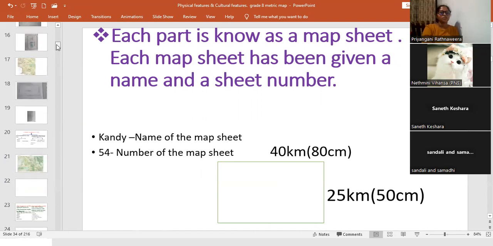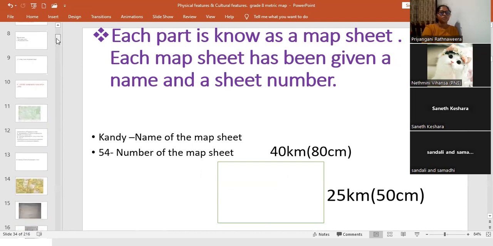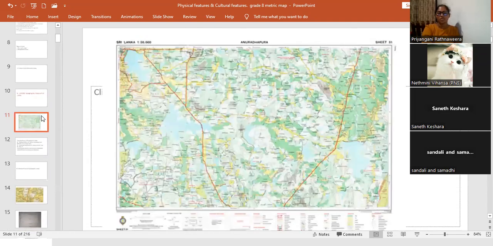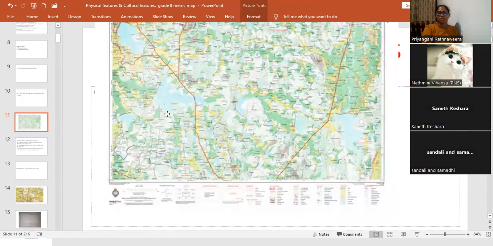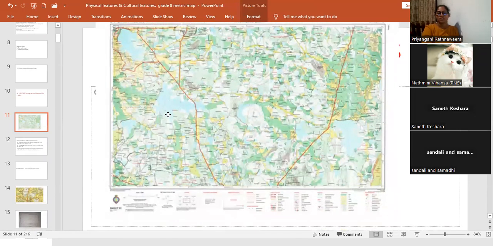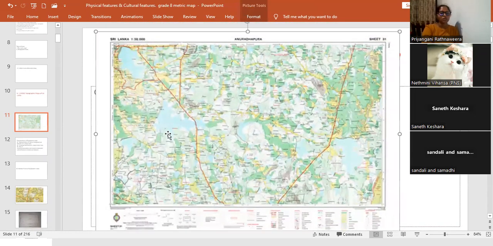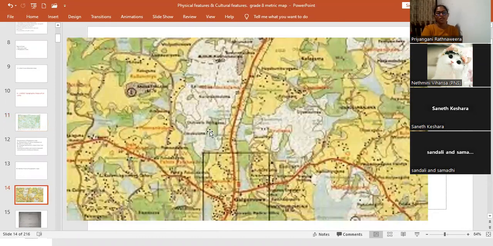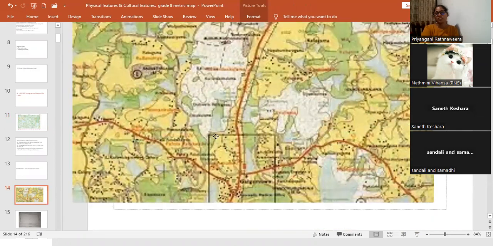This one is called a map sheet. But you receive a part of a map sheet for the exam, not a whole map sheet. Like this way, this is a part of a map sheet.